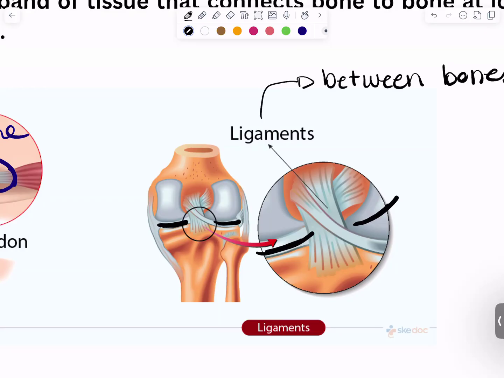We don't have cartilage, ligament. Maybe tomorrow I can find something from the anatomy books and I will show you. But at this moment I couldn't find. Oh, we are still recording.